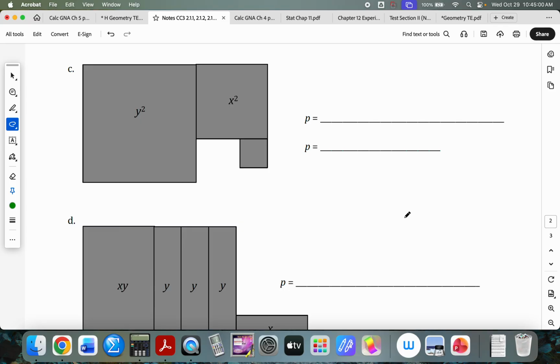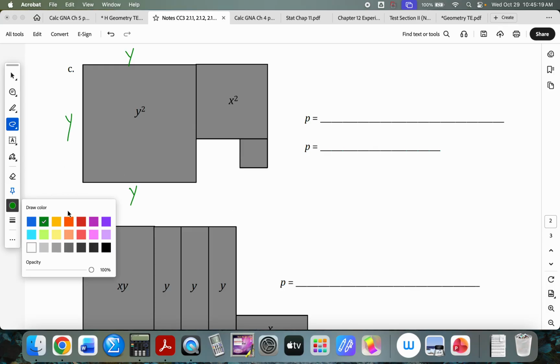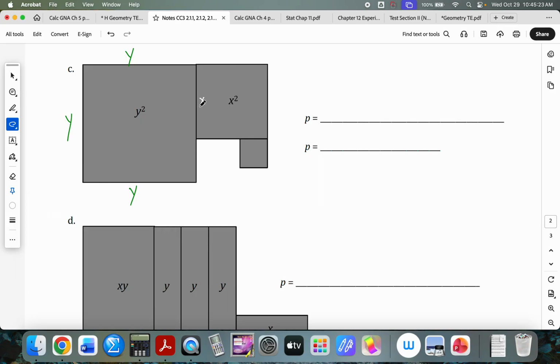All right, let's do this one together, and then I'll let you do some on your own. So for the y squared, 3 of the sides are really easy. This side is y, the top is y, the bottom is y. For this little piece down here, I have to remember that this distance is x, and this whole thing is y.